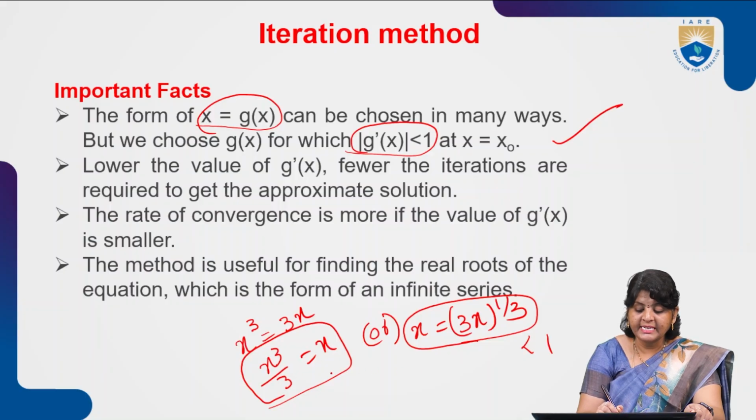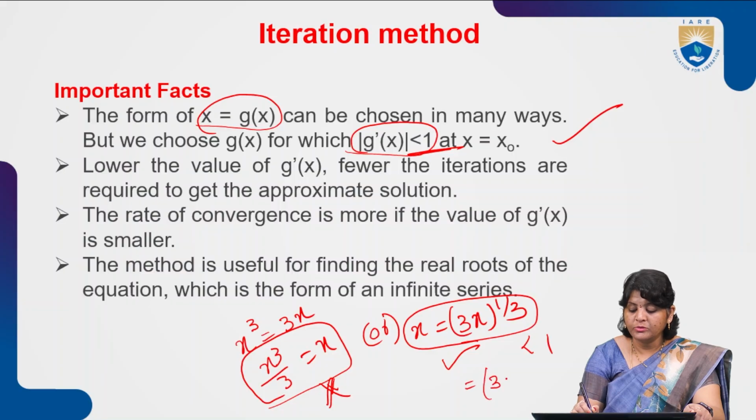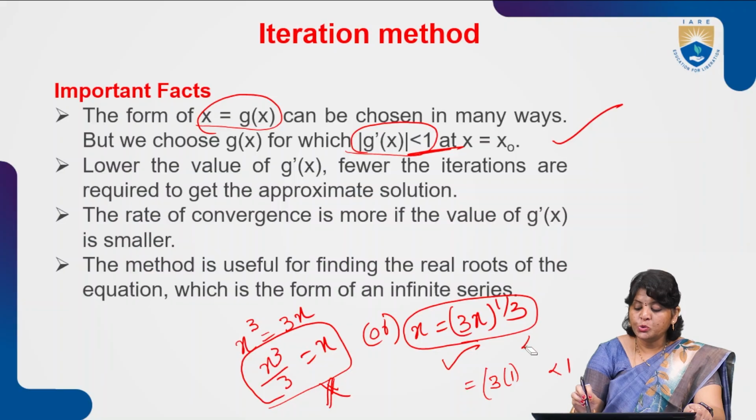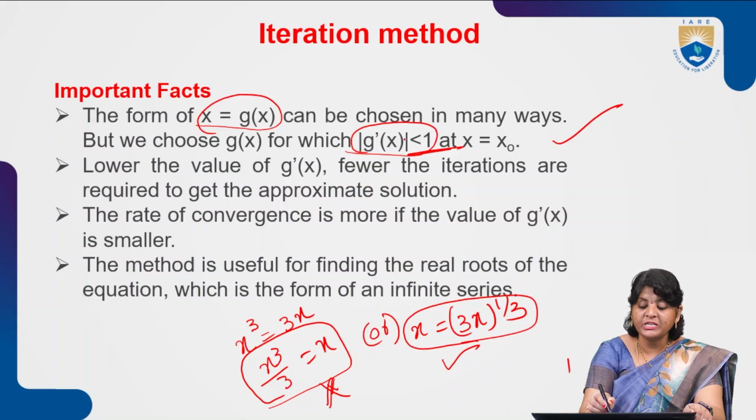If you consider this form, the condition will fail. If you take it in this format, the condition will not fail, because the value will always be less than 1. So choosing g of x is very important, and that is based on this condition.